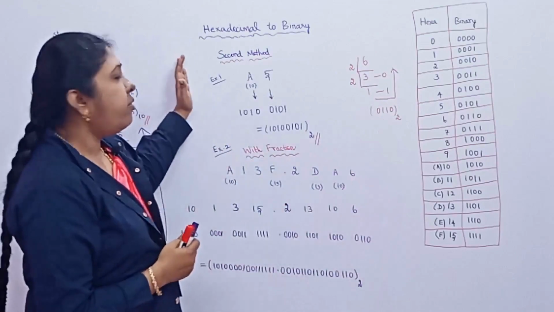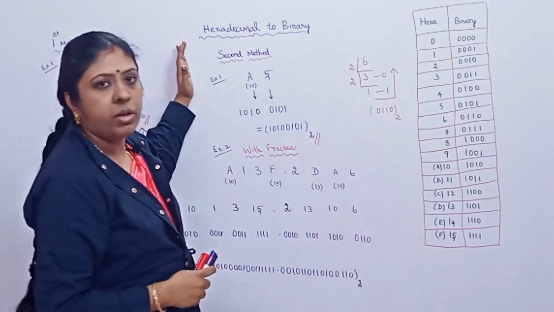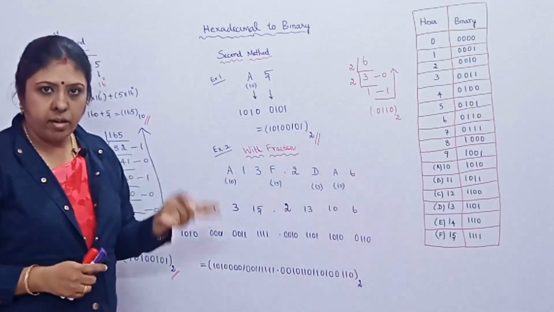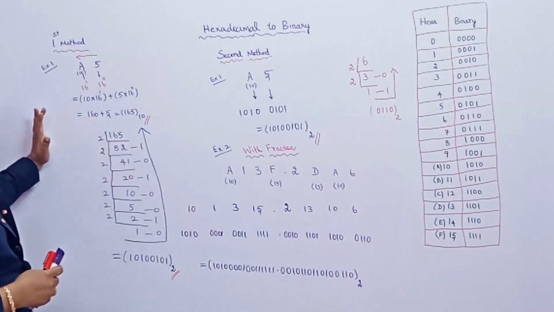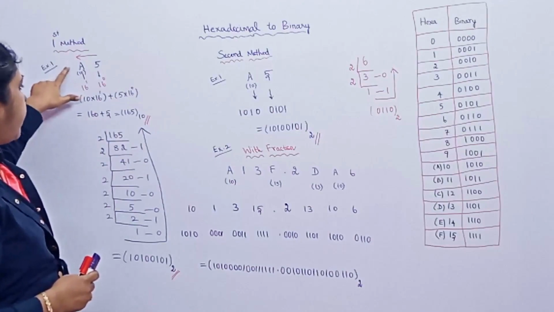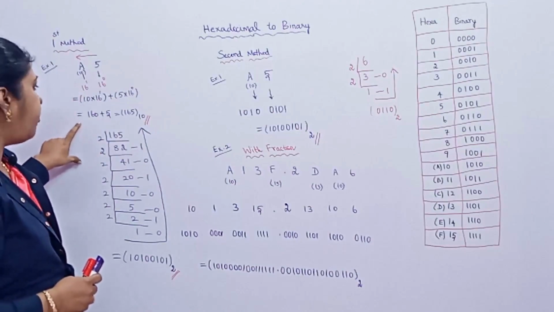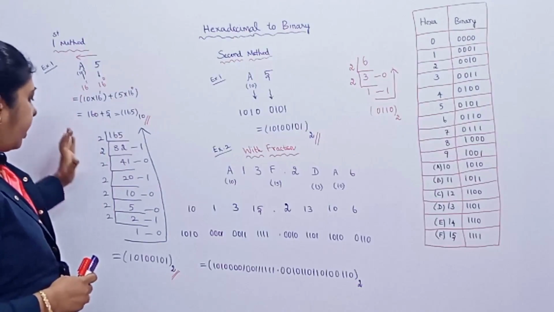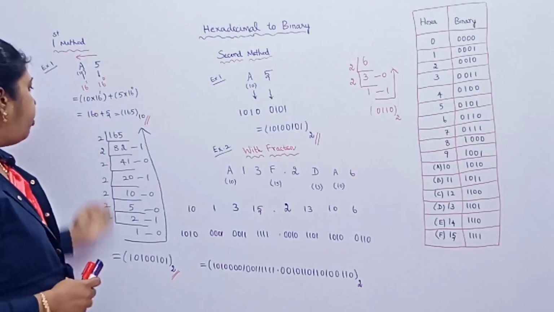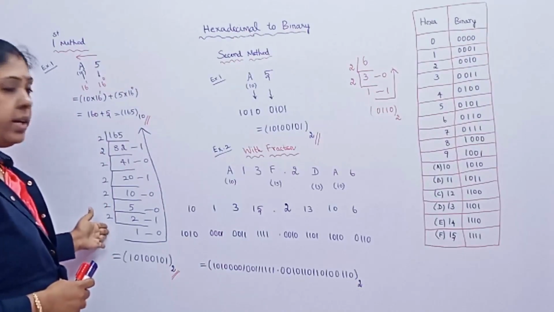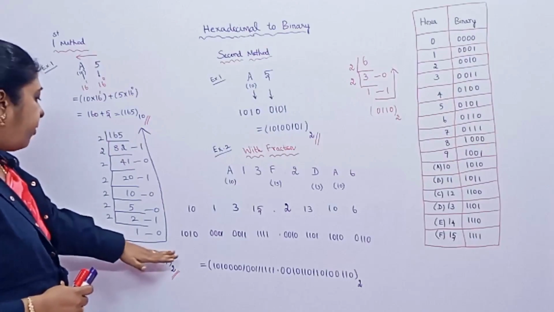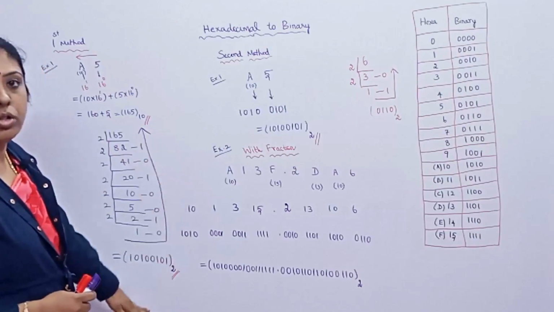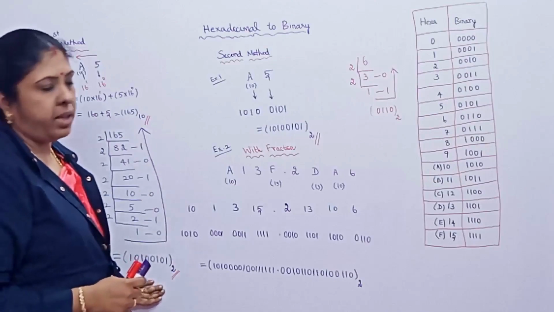So today we have discussed hexadecimal to binary, in which we have 2 types of methods. In the first method, we convert from hexadecimal to decimal value, and from decimal we convert to binary value by continuously dividing by 2 till it reaches a minimum, and the values are written from the bottom to the top. This is the first method here.